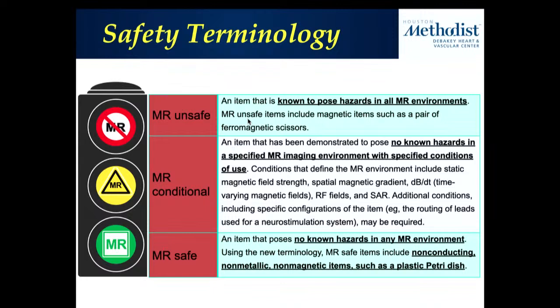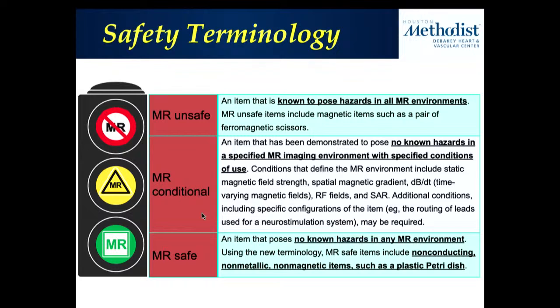And in the MRI suite, most of the things are labeled. There's a sticker on them, like the garbage bag for putting the gowns, right? It'll have a label on it, whether it's MRI unsafe, safe, or conditional, okay? Based again on what the components are. Most objects, notice why this is the biggest here, because most of the objects we're dealing with are what we call conditional. And what that means is that there are no known hazards in a specified MRI environment with specified conditions of use, right?